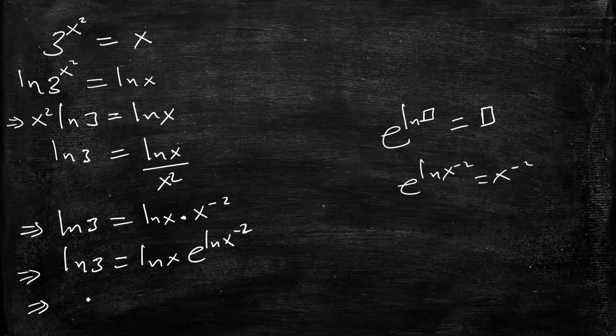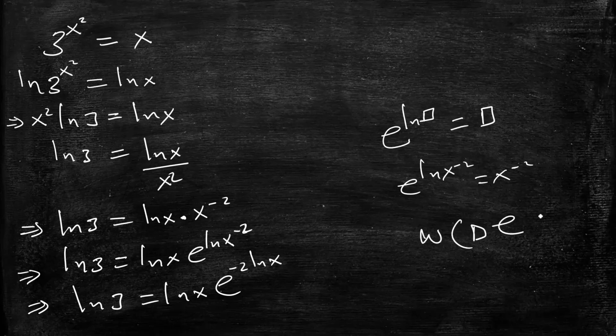So the next step, this one is a power rule. So we can say ln of x e to the minus 2 ln of x. Now with the Lambert W function, it is ln of something, so what we have here must be what is here. Let's check.